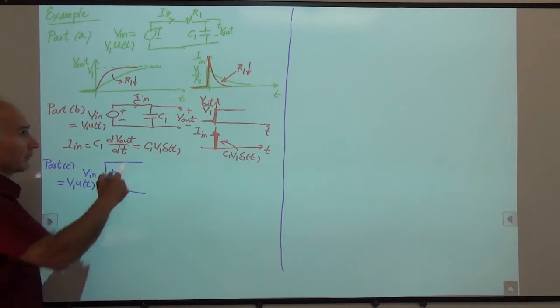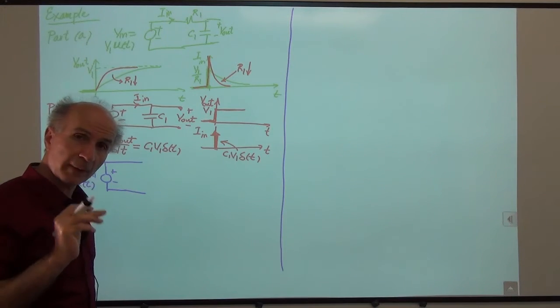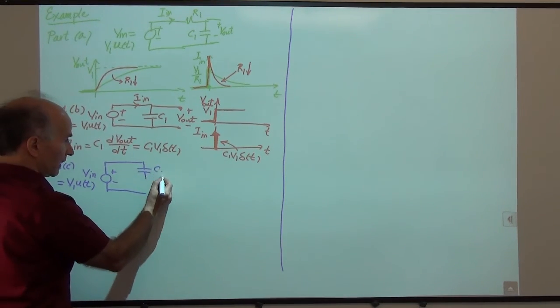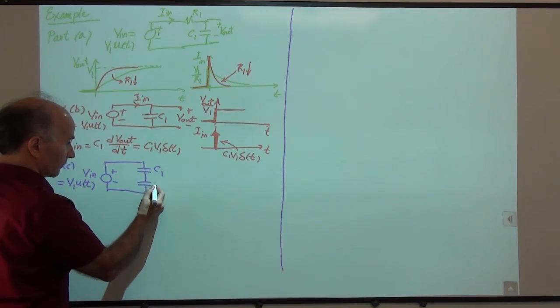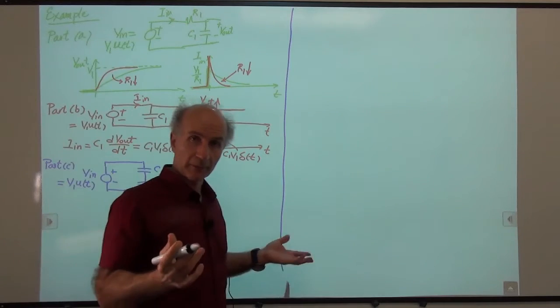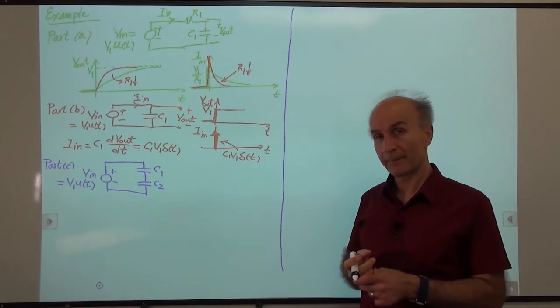And this time, I would replace this capacitor by this series combination of 2 capacitors. So C1 and C2. Is that okay? Not a problem, right? Again, assuming they both have 0 initial conditions.